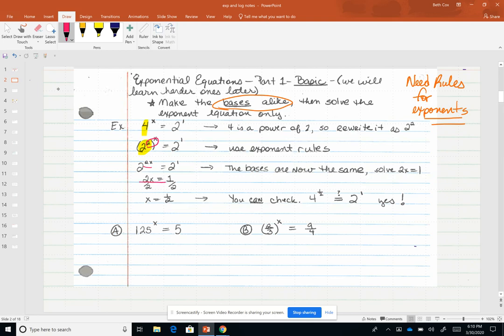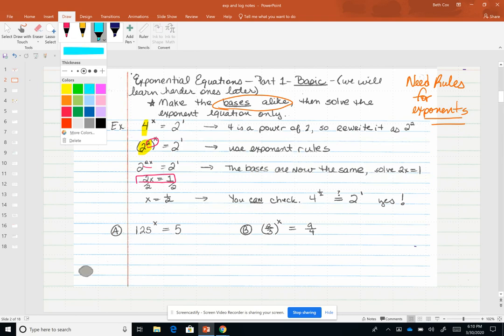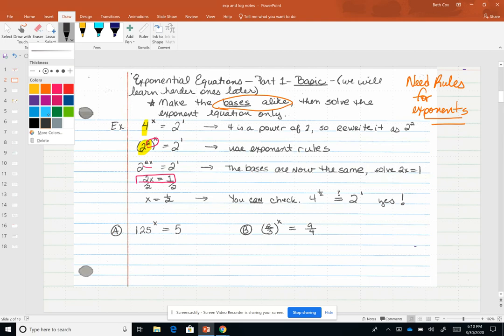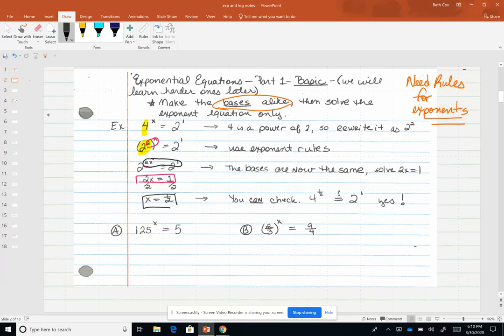And so then I have 2x equal 1. Once the bases are the same, it's just an easy solve. I have 2x equals 1, divide both sides by 2, and then x is 1/2.